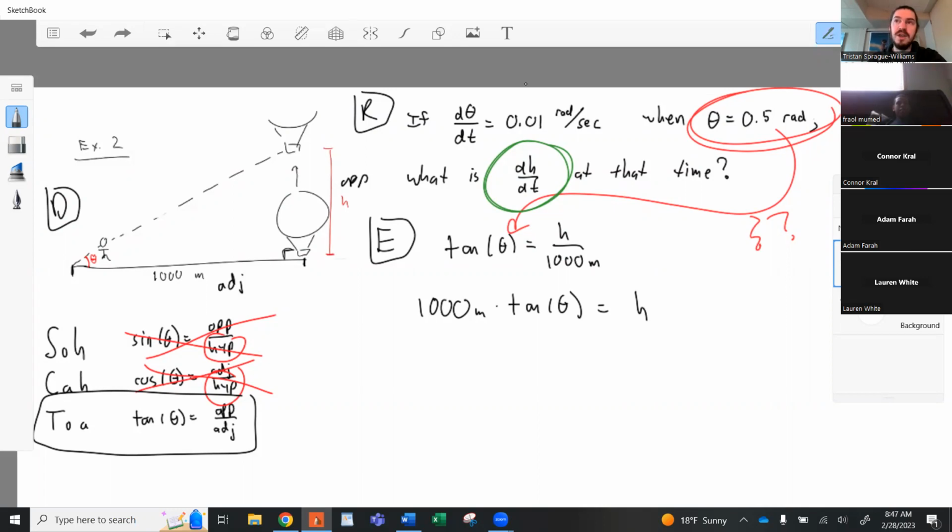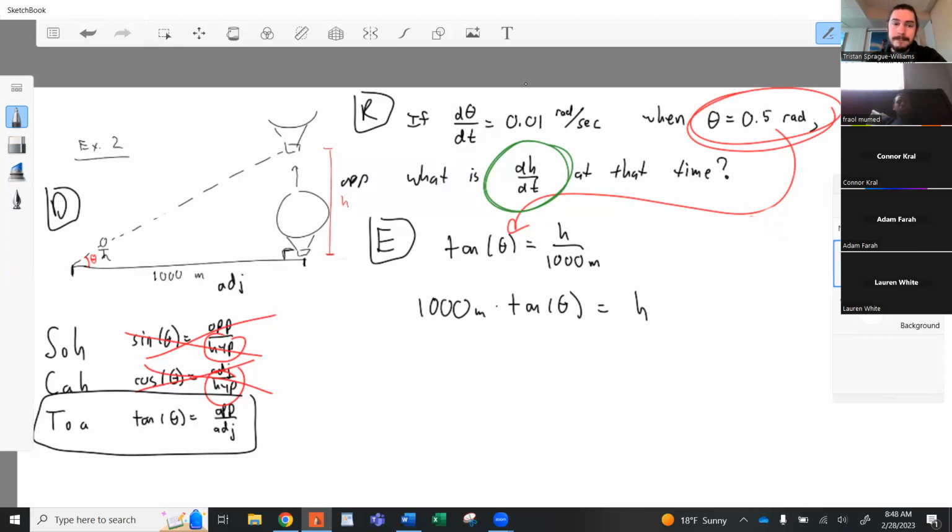And here's the thing, if you're going to take a derivative of an equation, you better make sure that variables are still variables. Only plug in a value for a variable if it is truly constant over time. So my question for you then would be, is theta constant over time, or is theta going to be changing?